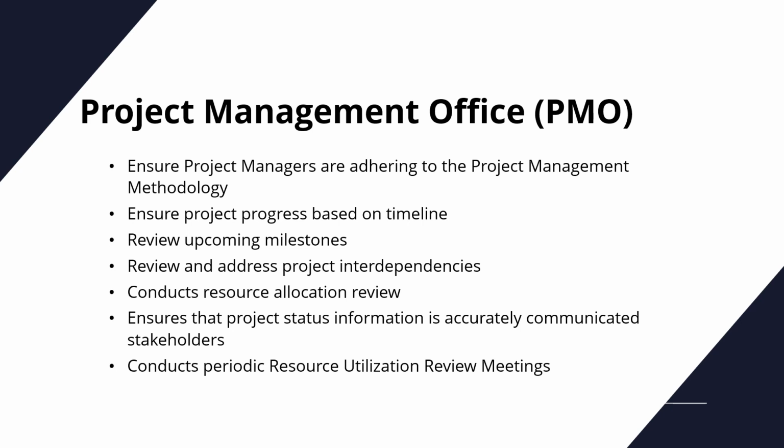Lastly, they will conduct periodic resource utilization review meetings to ensure that if there's any help required by the project manager in any area, the resources are utilized correctly, and if there are any additional resources required, they will provide the help. So this is the important role of the project management office to ensure the projects are carried out successfully.